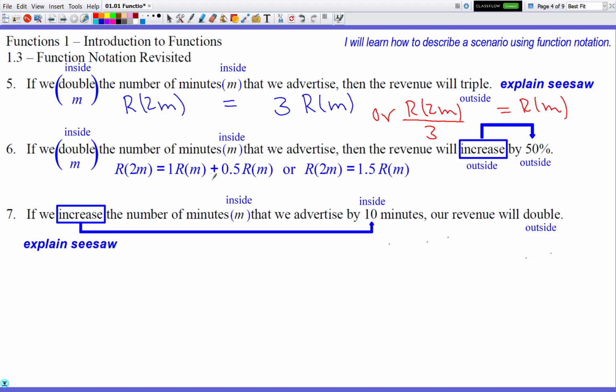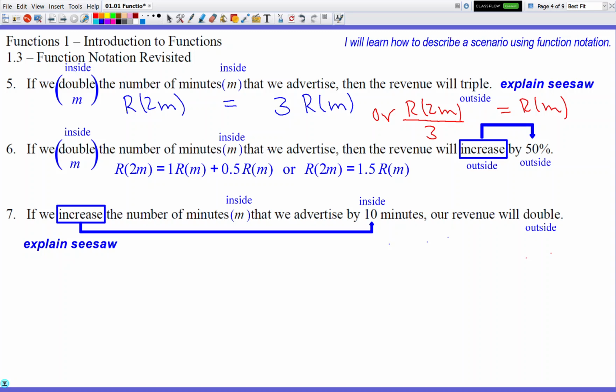This one has 1, this one has positive 0.5, and you can think of R parentheses m as the variable. They have the exact same letters and parentheses and m, the same variable attached to the 1 and the 0.5. So they're like terms basically. So 0.5 plus 1 is 1.5.